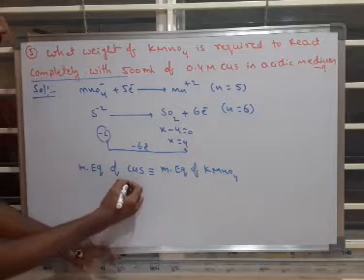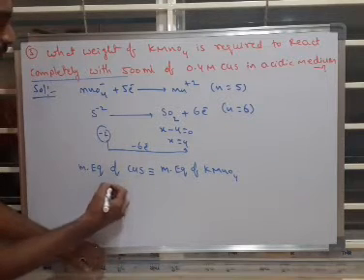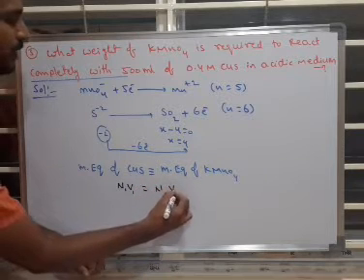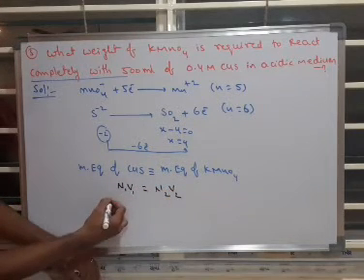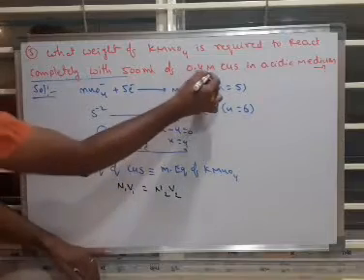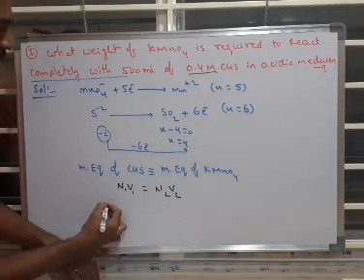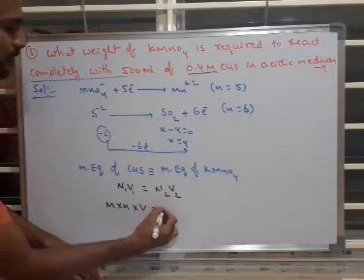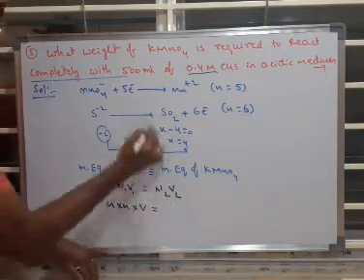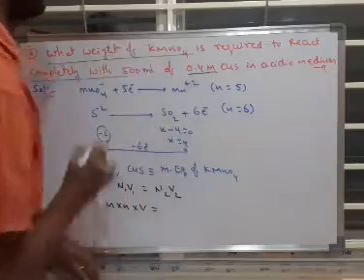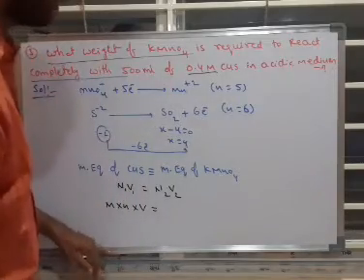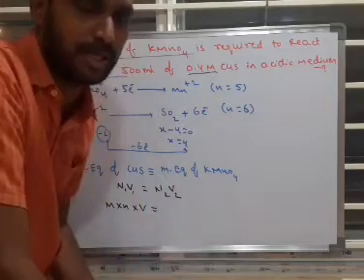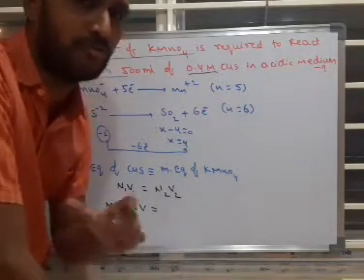So milli equivalence is normality into volume, N1V1 equals N2V2. Normality is given only in molarity, so normality is molarity into N factor into volume. For potassium permanganate, there is no information given. We just have to find out the weight.